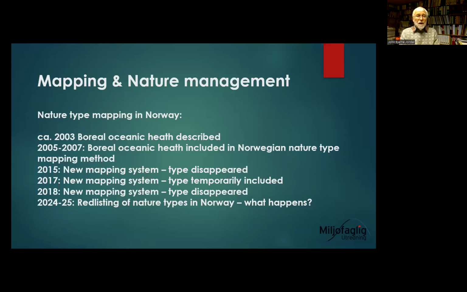Now about nature management. About 20 years ago, this boreal oceanic heath was described as a type. And it has been included in Norwegian nature type mapping up to about 2015. Then we got a new mapping system and the type disappeared.